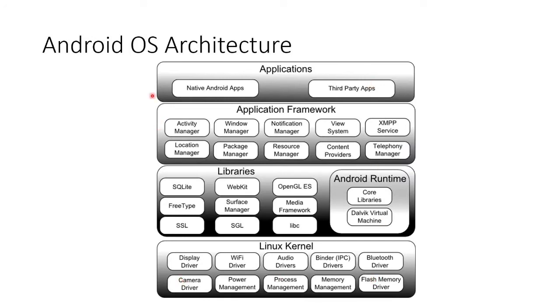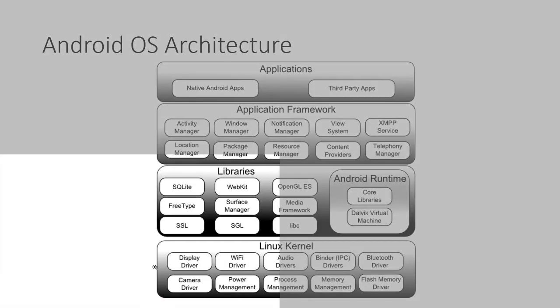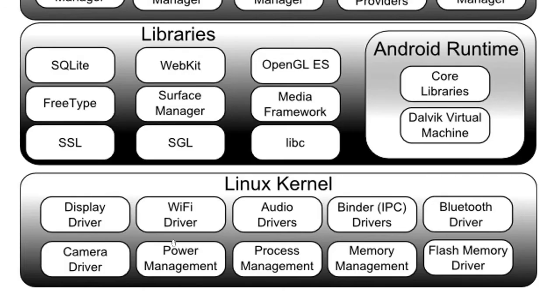You don't need to memorize this, but this shows the Android OS architecture. You've got the Linux kernel down here, and we can zoom in. The Linux kernel includes drivers, and remember, a driver is just a small set of instructions that tells the operating system how to use a hardware component.